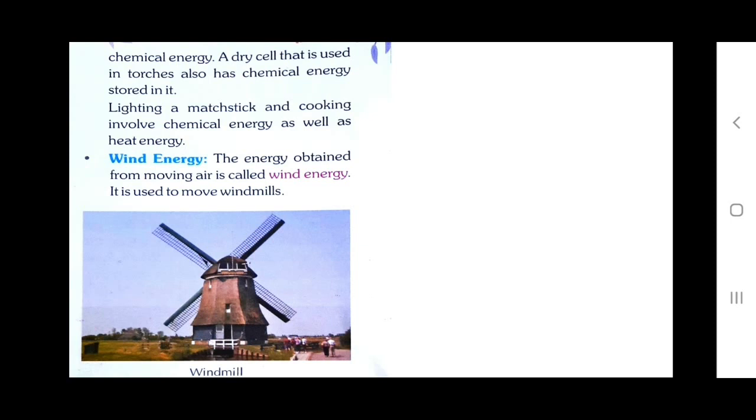Dry cells are the cells that we use in a remote, in a clock, in your watches. These all are types of dry cells. They store some chemical in them, which is converted into energy. Lighting a matchstick and cooking involve chemical energy as well as heat energy, right?